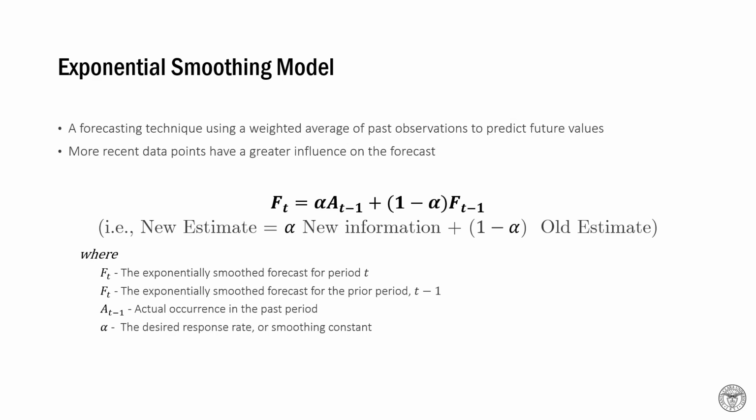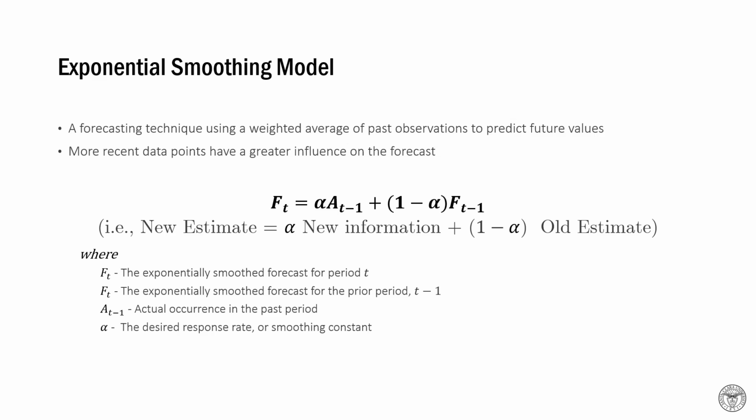Here, F sub t is the forecast for period t, and F sub t minus 1 is the forecast for the preceding period. A sub t minus 1 refers to the actual occurrence in the prior period, while the variable alpha is the smoothing constant, also known as the desired response rate, which determines the weight assigned to the most recent observation.